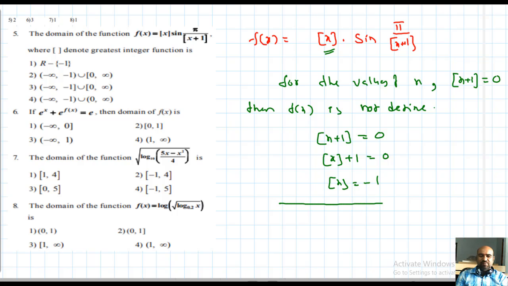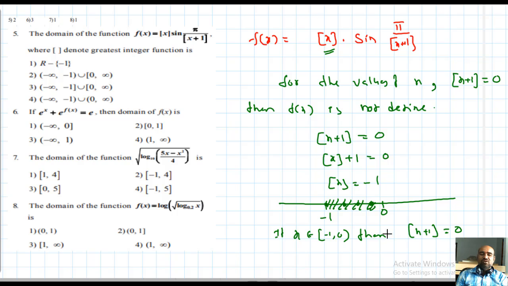For what values of x does this happen? I will show you. Take x values here, minus 1 also true. You can't take 0, but minus 1 you can take. If x belongs to closed minus 1 to open 0, then step of x plus 1 equals 0.